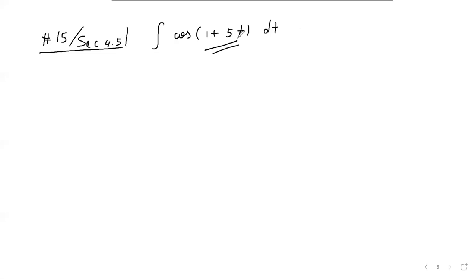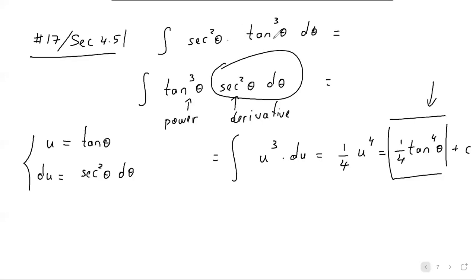Now, why is it that we didn't do that in the previous problem? Why is it that we didn't make the argument our substitution? Because there was no complex argument there.